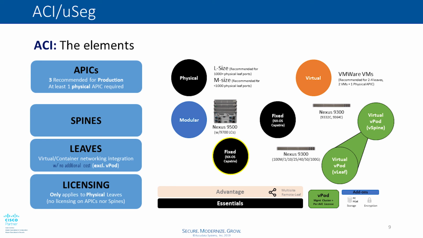Then we have the leaves. The leaves are pretty much the Nexus 9300s, and there are of course virtual pods. These are virtual devices that you can configure to work as a leaf or a spine. And then on the bottom, last but not least, is the licensing, where you can import all the features that you want to have in your data center environment.